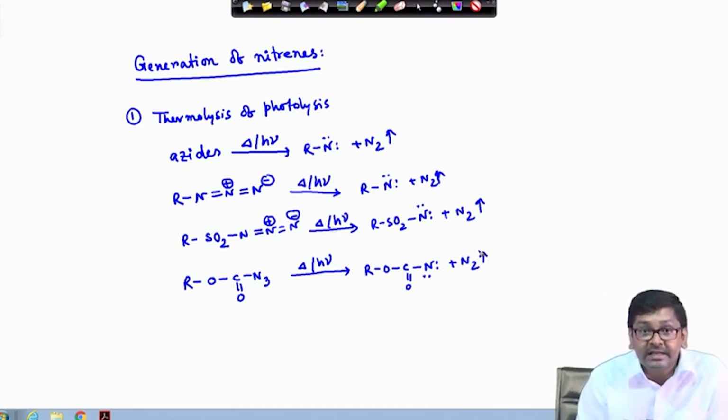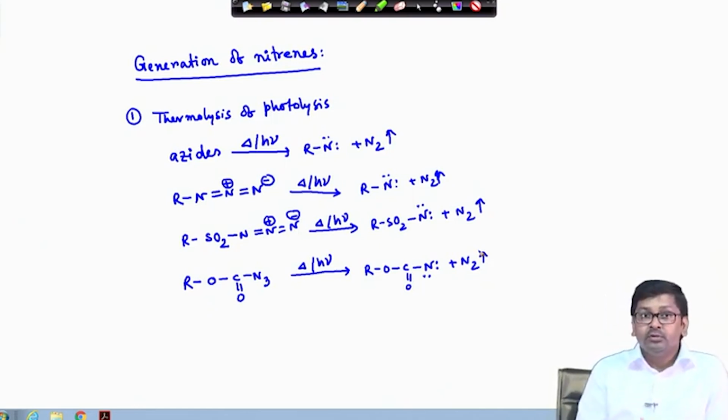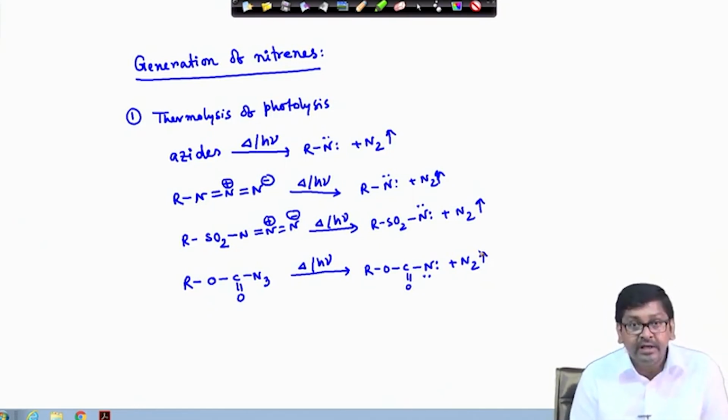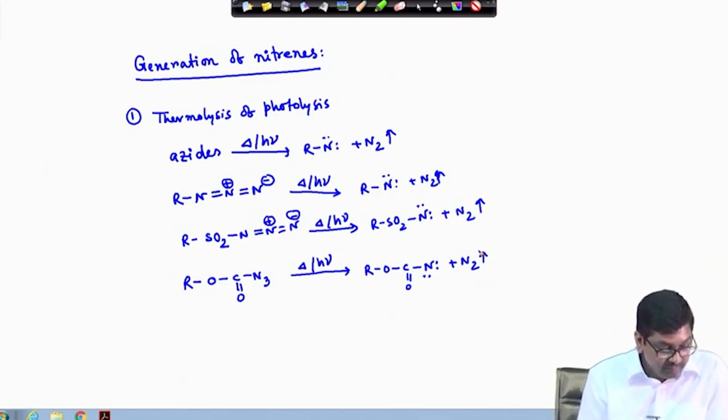So, in all these cases we can generate the required nitrene as a reactive intermediate through thermal or photochemical irradiation. And these are all very short-lived species which are very much reactive.